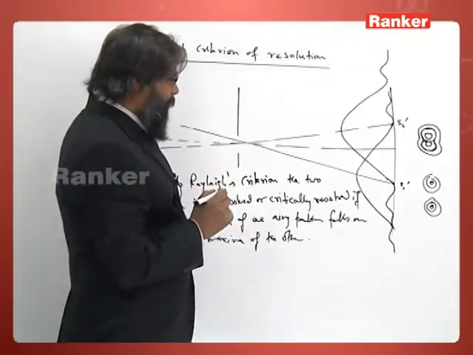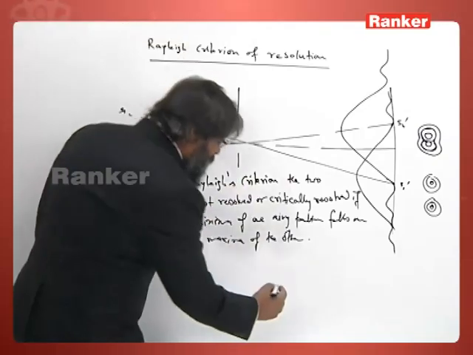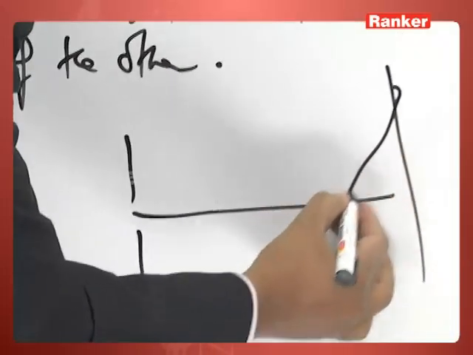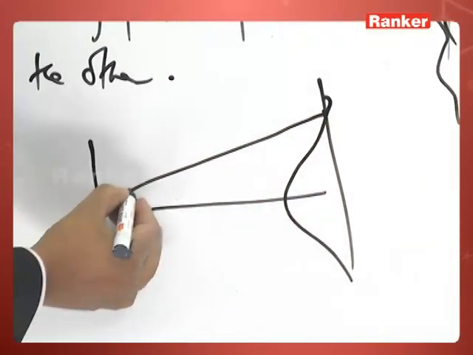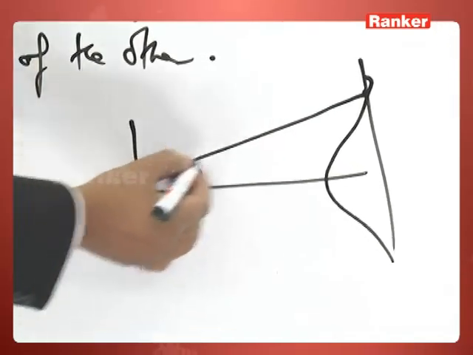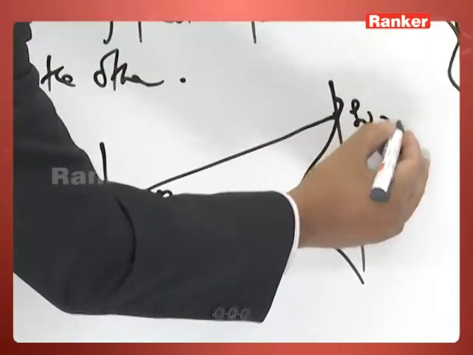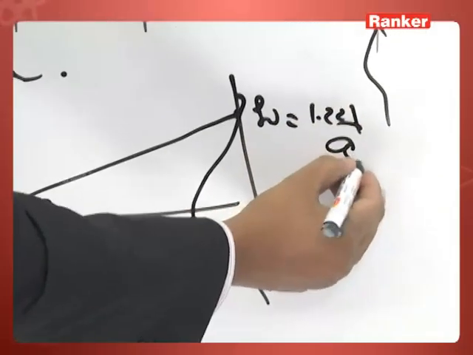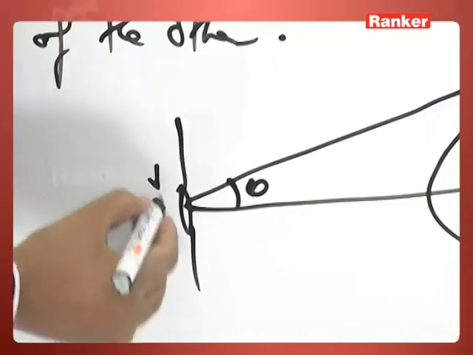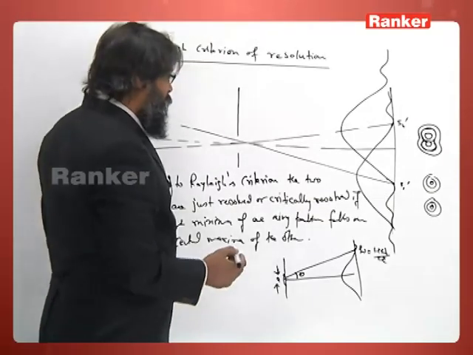That means we have already seen that the angular position of this for a circular aperture, here a circular opening, is given as sin theta is equal to 1.22 lambda by A, where A is the diameter of this opening.